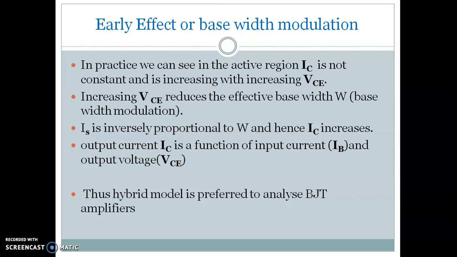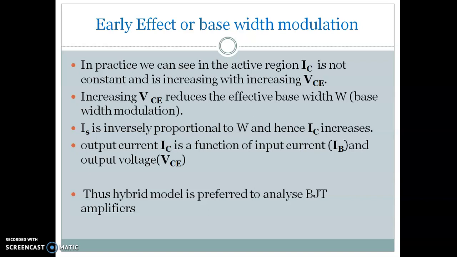So we know that the reverse saturation current is inversely proportional to W. Since the effective base width gets reduced as you increase your VCE, this results in IS, your reverse saturation current, being increased, and IC is IS exponential of VBE by VT. Since IS is increasing, your IC is increasing.